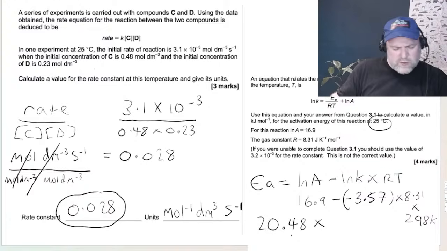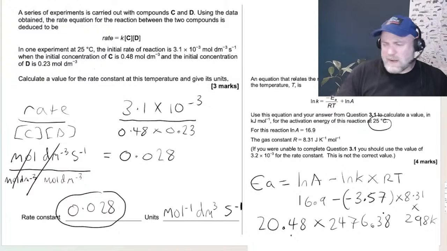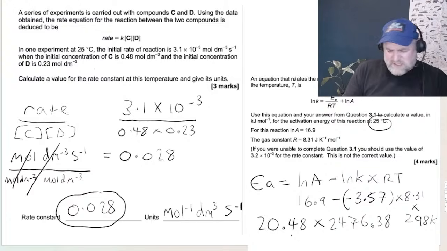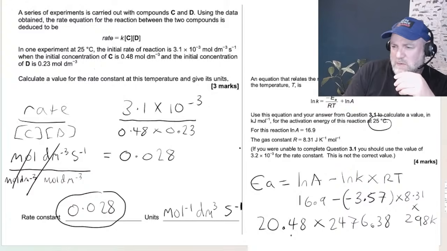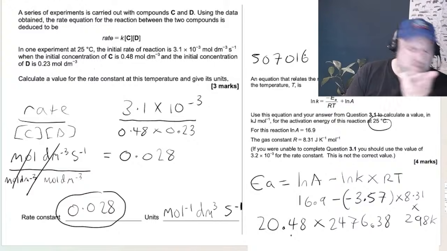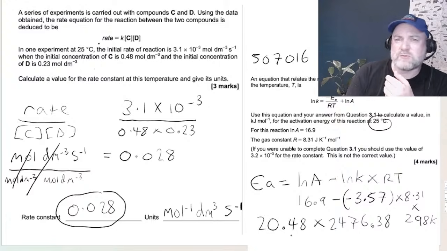I got something like 2,476, that's for RT. I'm just trying to break it down for you guys. And then let's times by 20.48, and that is going to give us 50,716, something along those lines. Yeah, I put an extra naught in. What a twit.